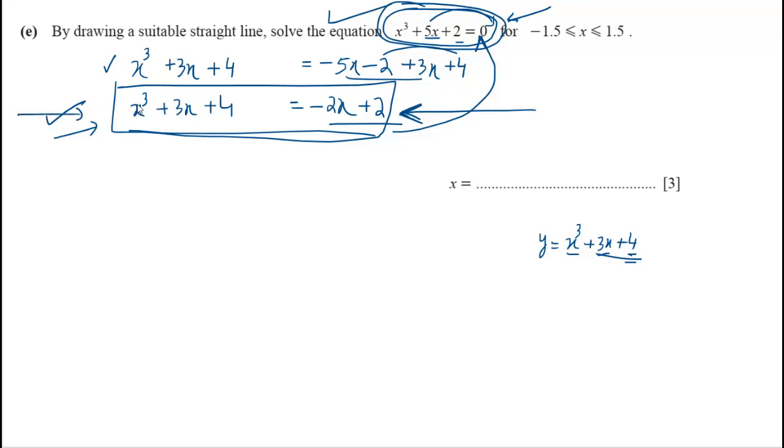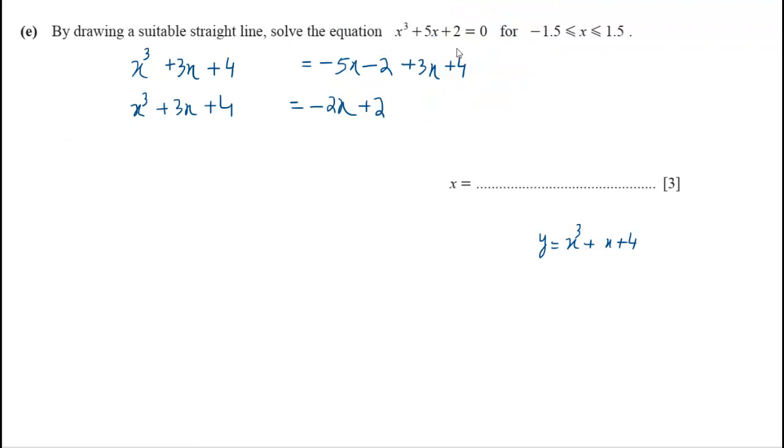But this will give us some advantage. They both will have the same solution. But here we can see that we have already drawn the graph of this, which is this one, exactly the same. Now we just need to draw the graph of this only.